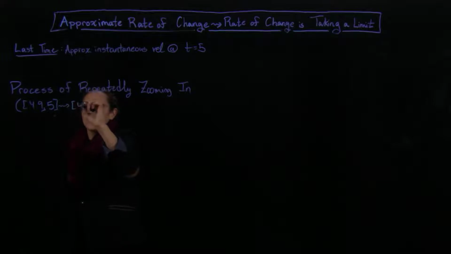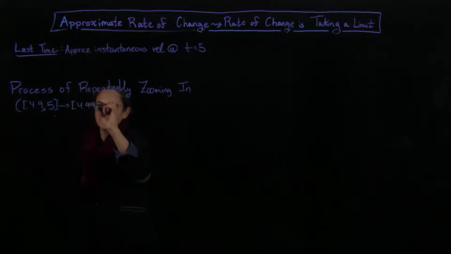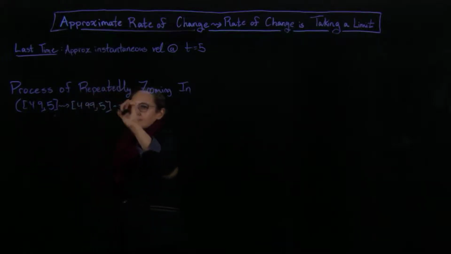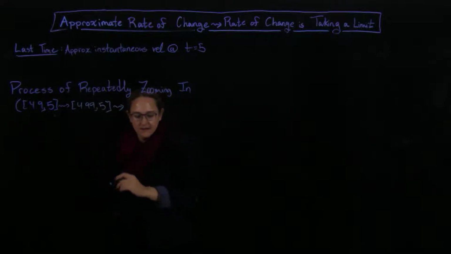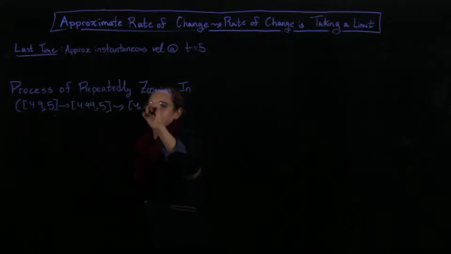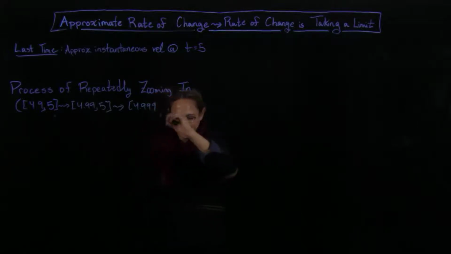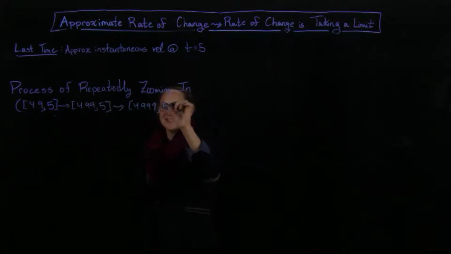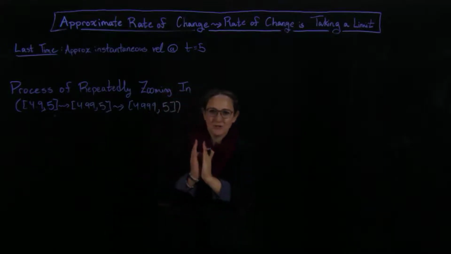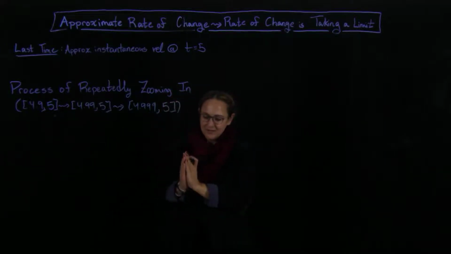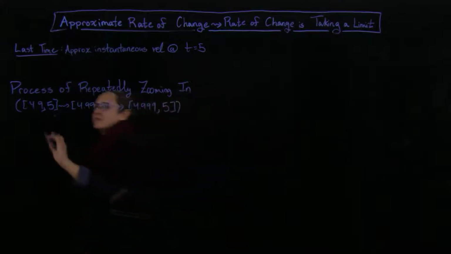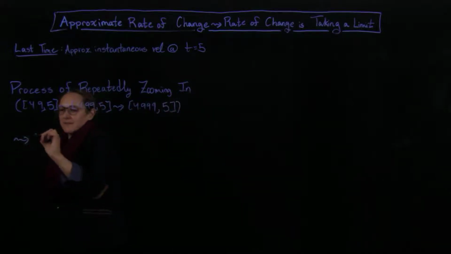Then we could go from 4.99 to 5, and keep going to 4.999 to 5. This process of looking at smaller and smaller intervals closer and closer to 5 amounts to taking a limit.